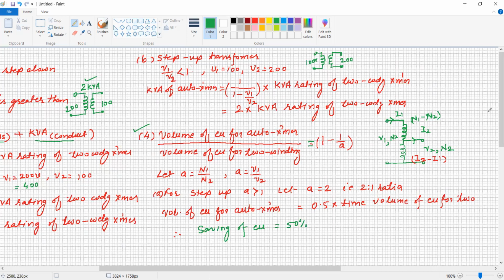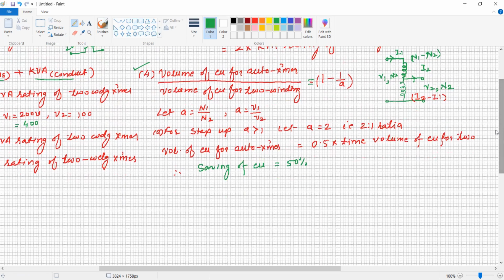Let me consider that this is the auto transformer, and under such condition, instead of 50%, we take the ratio which is higher. Say it is 400 volt and it is 100 volt. Means the ratio is 4:1. See what is the volume of copper required.